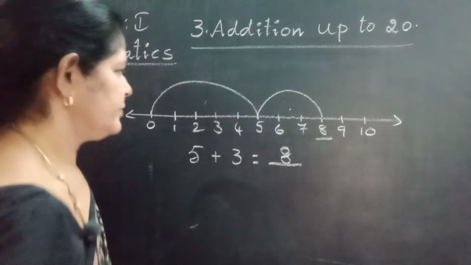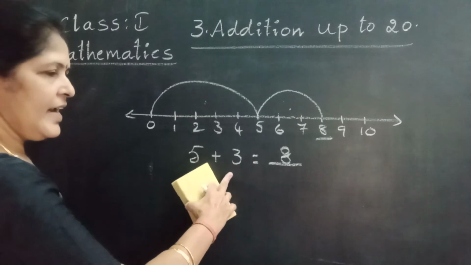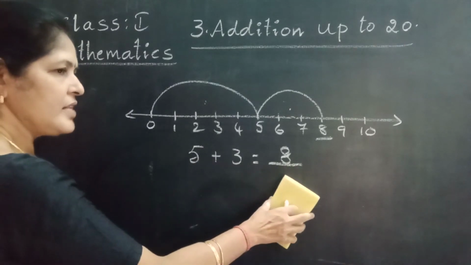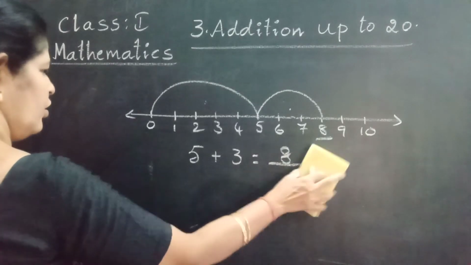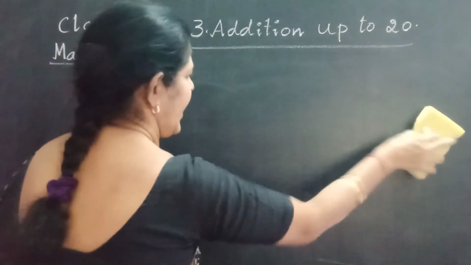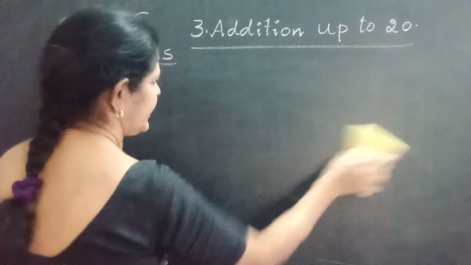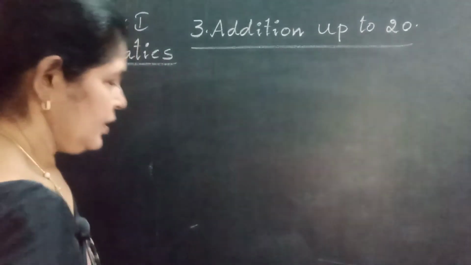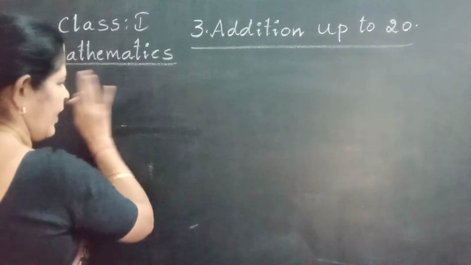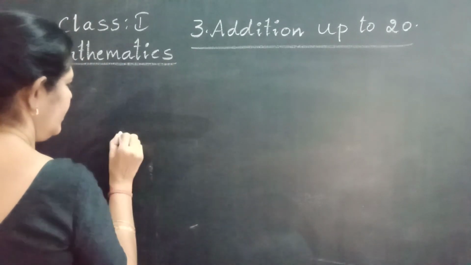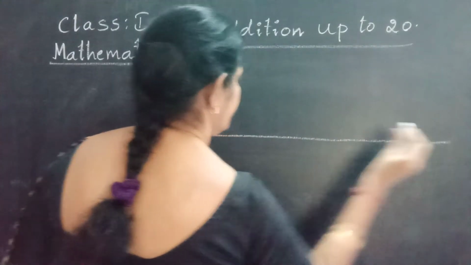Okay. Next addition. This is a single digit number, and the answer is also a single digit number. Now I am going to show the addition on the number line up to 20. That means we are going to draw a number line up to 15 or 20.